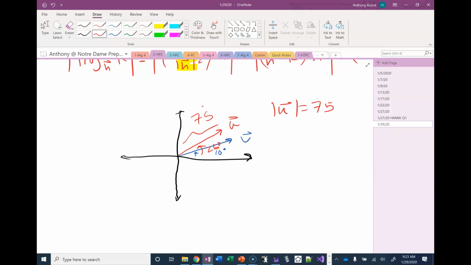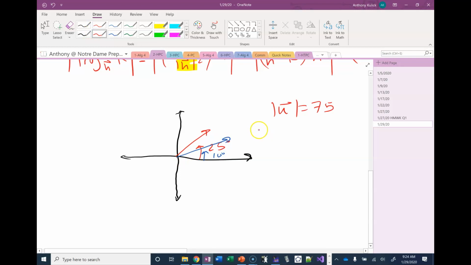If it was drawn to scale, this one is like 75, and that one's like 1. So you can't even really see them at the same time. So there's 25, and then this one's like 10.